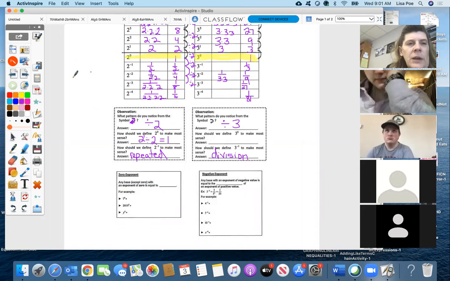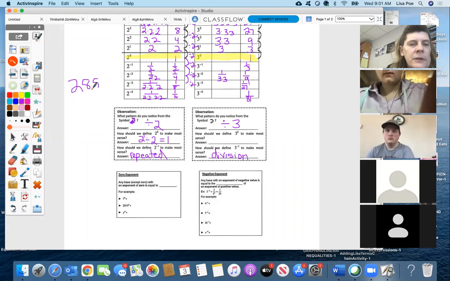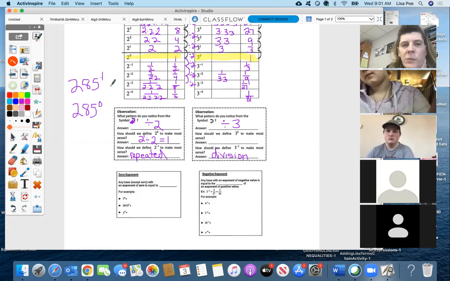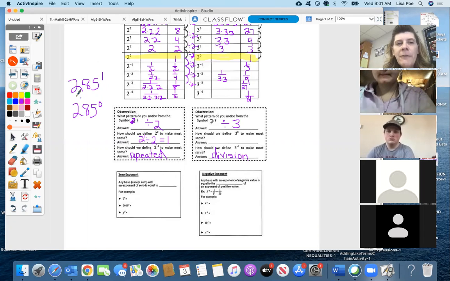Think of it this way. If I have 285 to the first power, and then 285 to the 0 power, how do I get from the first power to the 0 power? You divide by 285, which gives us 1.